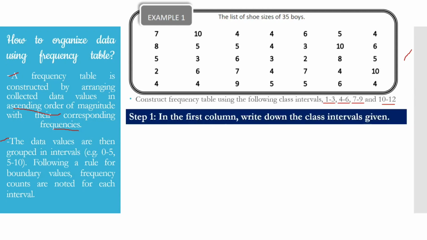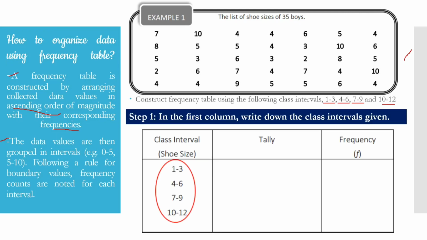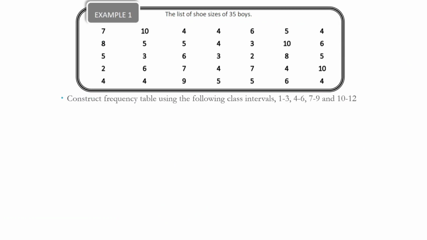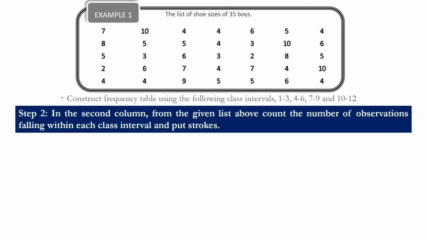For step 1, in the first column, we write down the class intervals given. So in this case, the class intervals are 1 to 3, 4 to 6, 7 to 9, and 10 to 12. This time, let's continue to step 2.